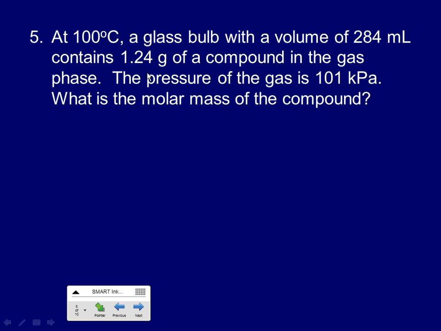We know the temperature, we know the volume, and we know the pressure because we get it to equalize to atmospheric pressure. And so from this information, T, V, and P, what can I get? I can get moles, right?